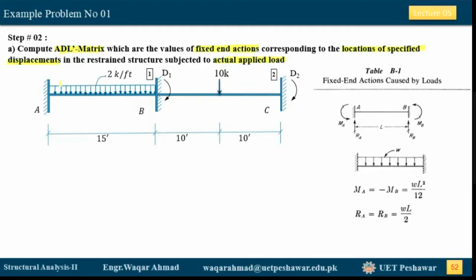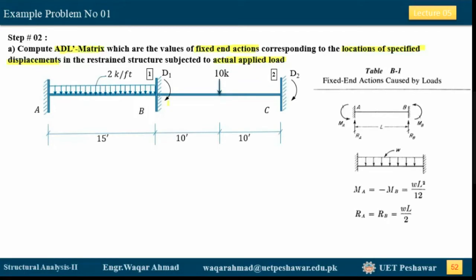Also, it consists of the 0.002 radians rotation at this joint, and 1 inch settlement at this support. So now we need to incorporate the values coming from all these loading types.